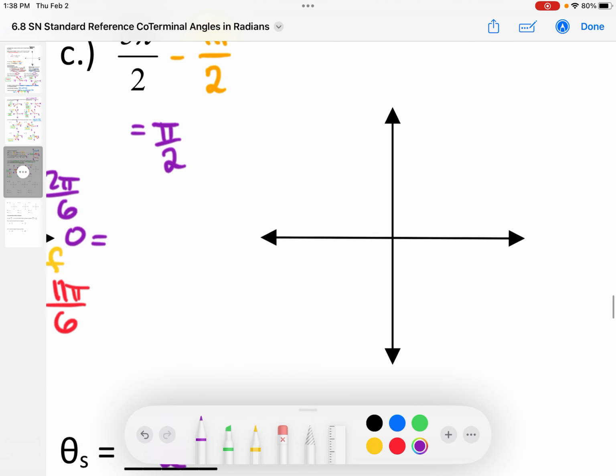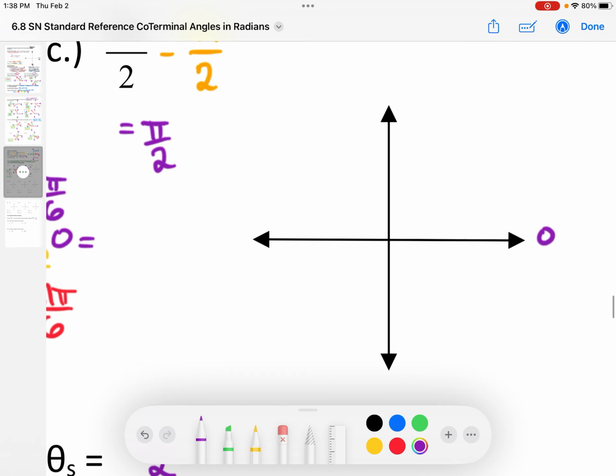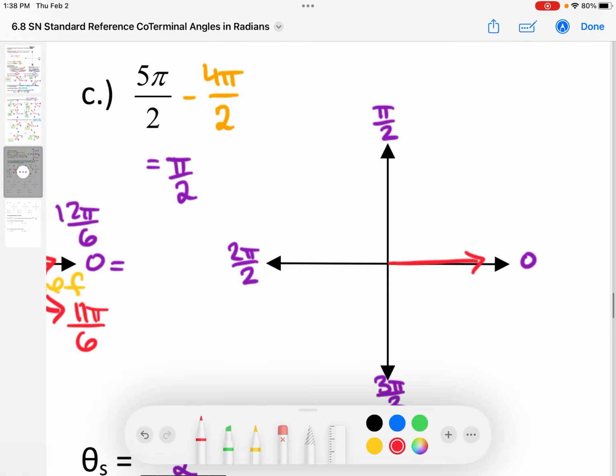Labeling the axis with the denominator of 2, 0 on the right, 2 pi over 2 on the left. So 1 pi over 2 on the top, 3 pi over 2 on the bottom. Start at 0. Pi over 2 is straight up to pi over 2.